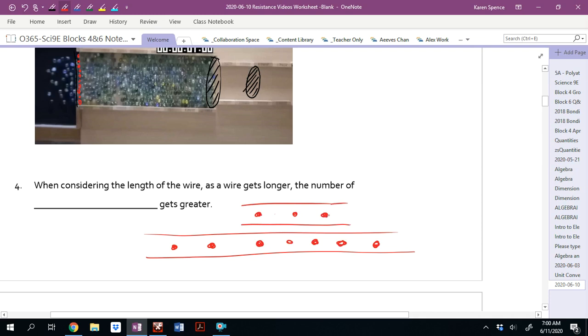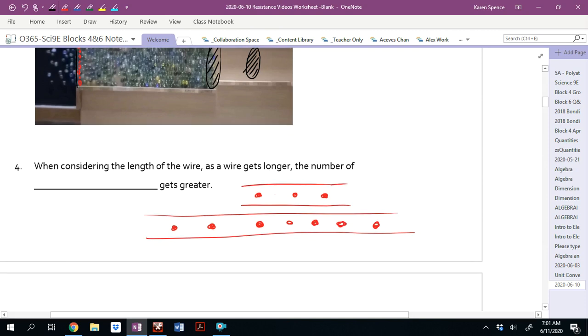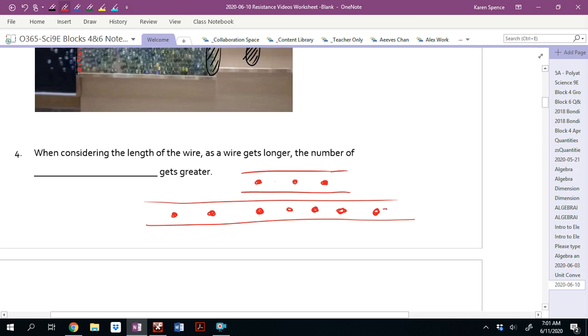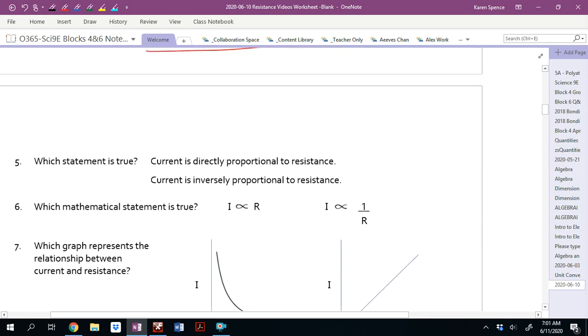Maybe you only have 3 obstructions. So the more obstructions you have, the slower it's going to go. If you imagine cars going through a parking lot, every time there's a speed bump, they have to slow down. And so the more speed bumps there are, the slower they will go. If you have a longer wire, they simply bump into more things, and every time they bump into things, they get slowed down.